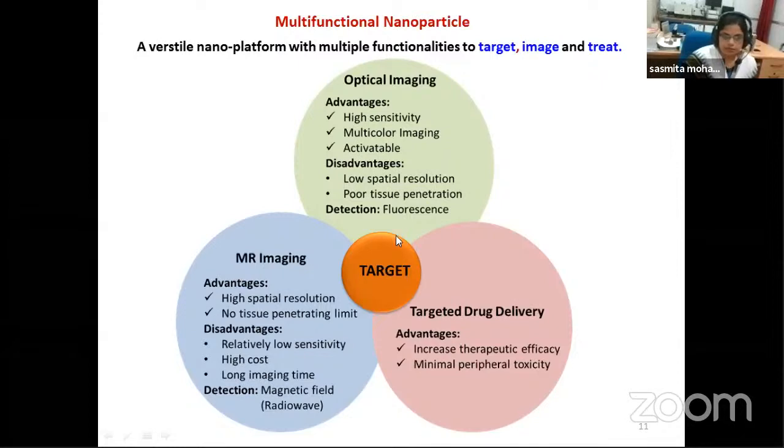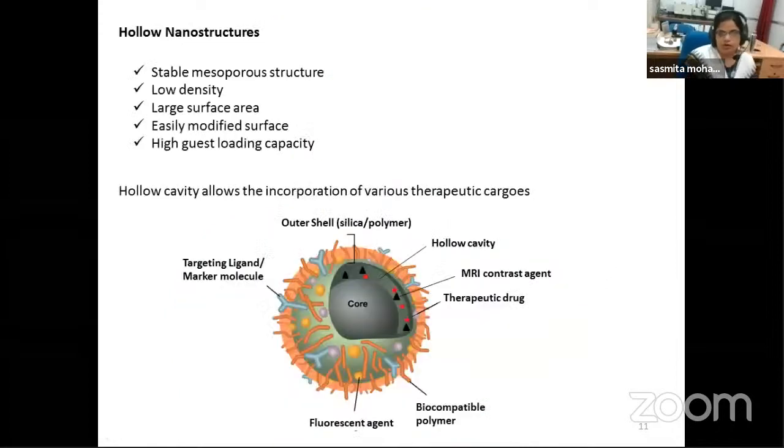In a single particle, we tried to incorporate the quantum dot which we synthesized from orange juice in a hollow mesoporous structure, because hollow mesoporous structure is an excellent material for drug delivery. Because of its large surface area, it can hold a large amount of drugs, and the surface can be easily modified. The drug loading capability is quite high, so it is an excellent material.